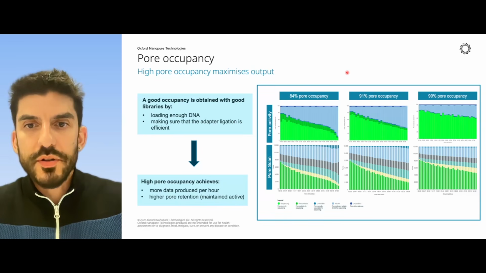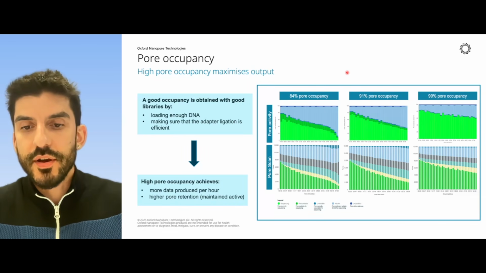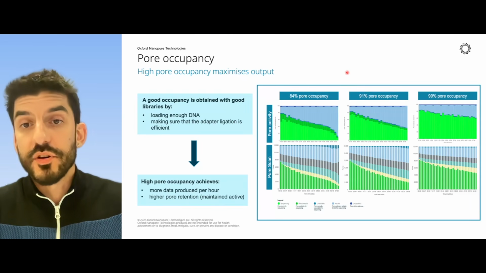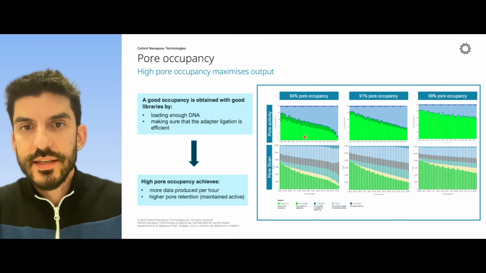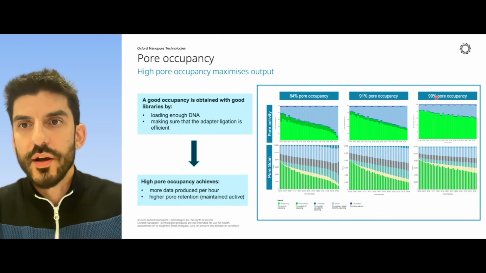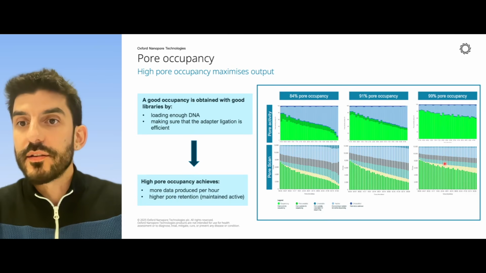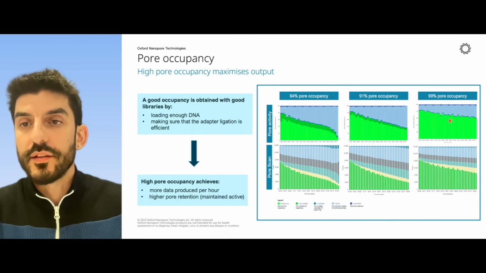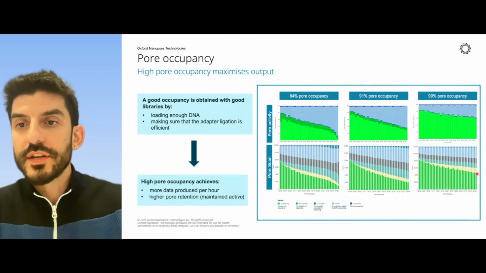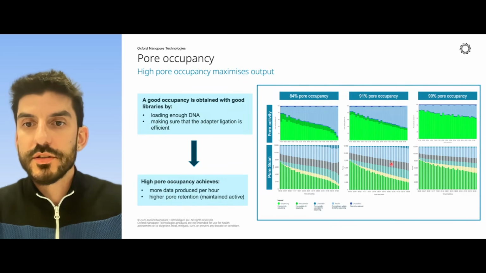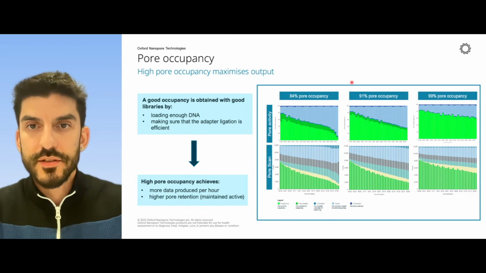This is also important regarding pore depletion, as a sequencing run with a high amount of open pore may result in the pores depleting faster. And as we can see here, with libraries at 84%, 91% and 99% pore occupancy, the run where we keep 99% pore occupancy has a much smoother decay in pore loss comparatively to the other two libraries.